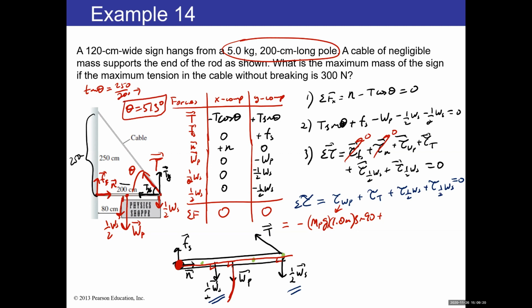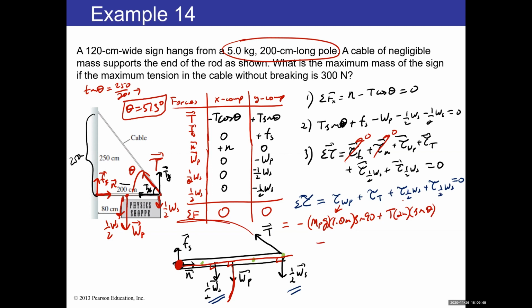The torque of the tension is the tension magnitude times the distance, which is 2 meters, times sine of theta. It's positive because it gives me counterclockwise rotation.